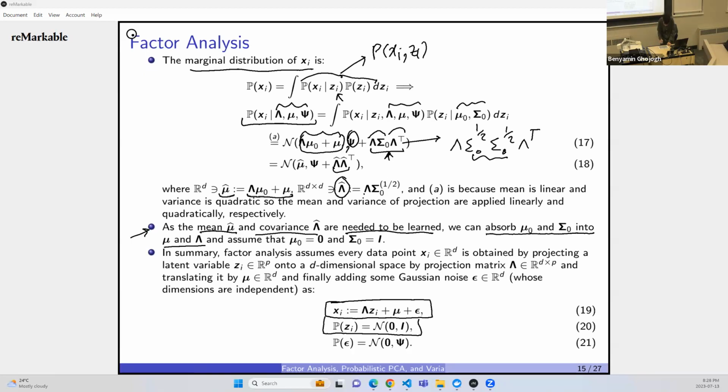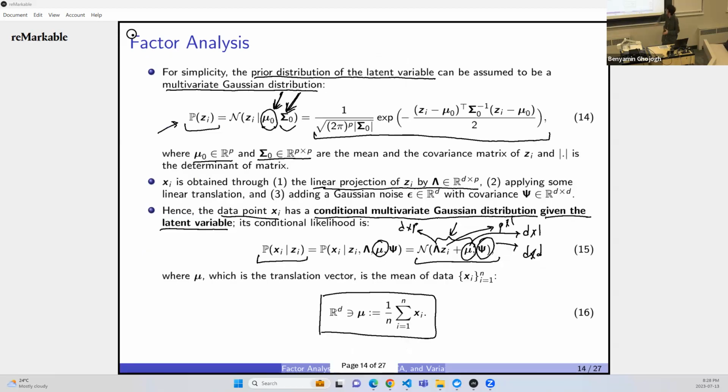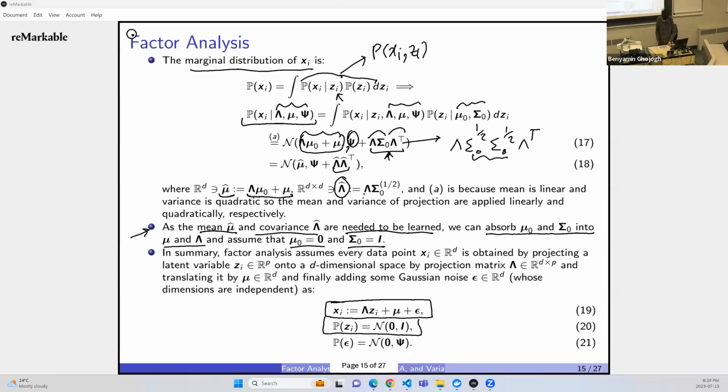And I assume that mu0 is 0 and sigma 0 is I. What do I mean? I assume that in equation 14, the prior of Zi, the latent factor, has mean 0 and covariance identity. It's a standard Gaussian distribution, as you see in equation 20. In equation 21, we also said that the noise has mean 0 and covariance psi.